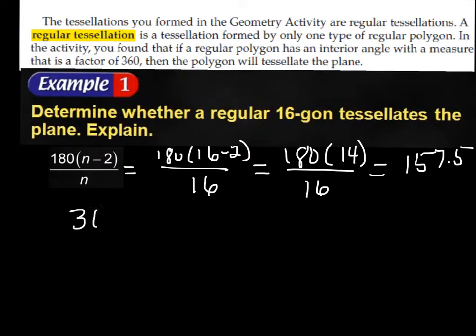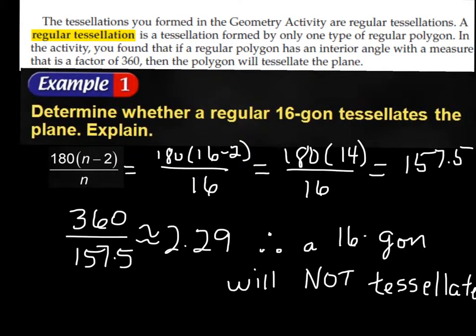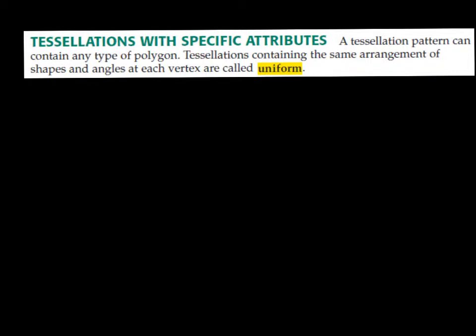Unfortunately, if we divide 360 by 157.5, we do not get an integer. So we can be quite confident, and there's our little mark for therefore, a 16-gon will not tessellate in a plane.